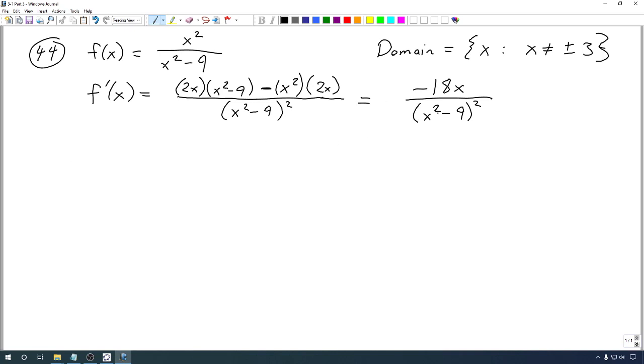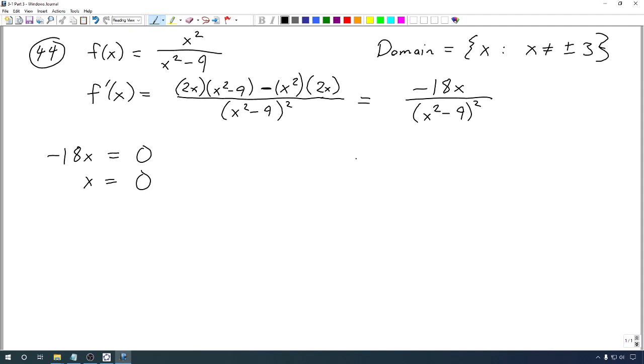Next, we need to find out what our critical points are. Remember, we have two questions here. We're asking, where does this derivative equal 0, and where does this derivative not exist? Well, when we have a fraction here, setting it equal to 0 is really just setting the top equal to 0. So we're asking, where is negative 18x equal to 0? Of course, that's only when x equals 0.